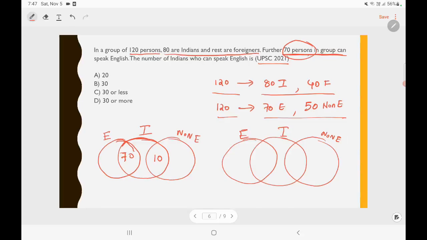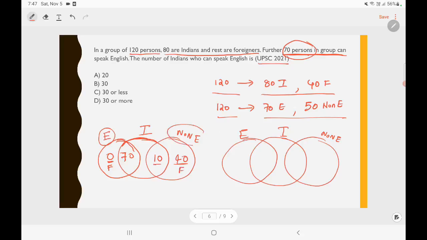So all 40 foreigners cannot speak English. So we need to write 40 here. How many foreigners will be there who can speak English? It will be 0. So you need to write 0 here. This 0 represents foreigners who can speak English. This 40 represents foreigners who cannot speak English.